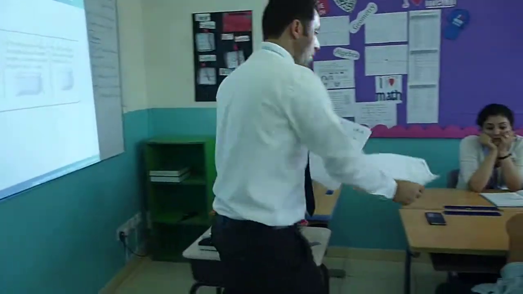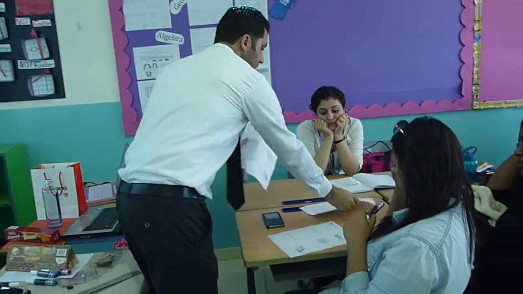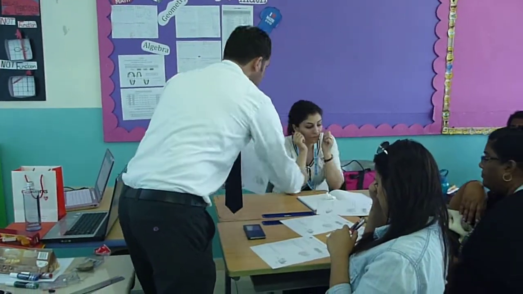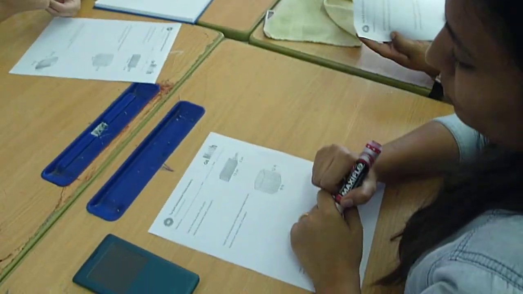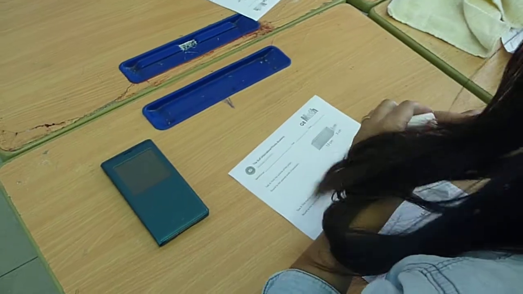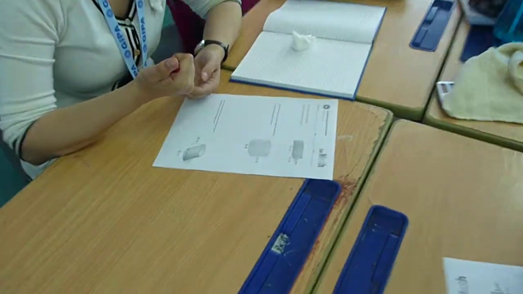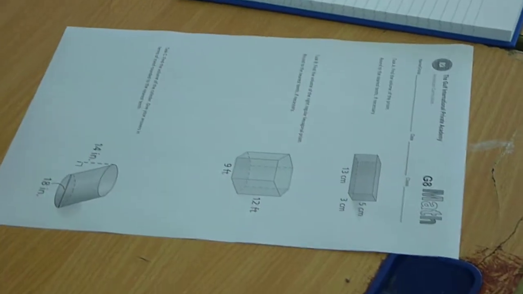So here I have tasks 1, 2, 3. May I ask you now, each one of you, please find the area of the first task, task 1. Mister, do we have to write the formula?